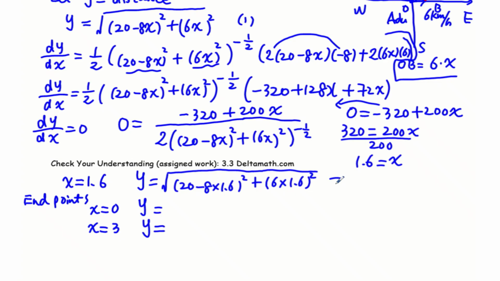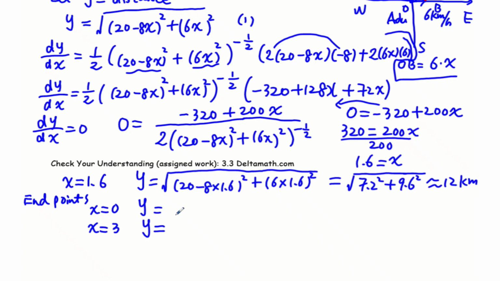Then use our calculator, you will find this one is around the square root of 7.2 squared plus 9.6 squared, which is around 12 kilometers.